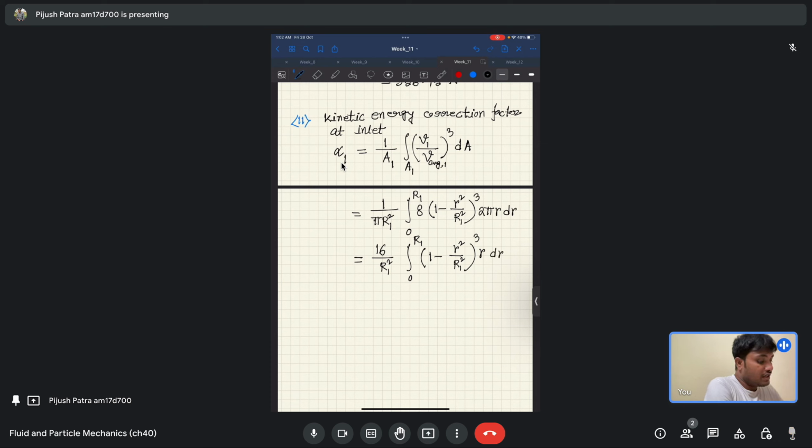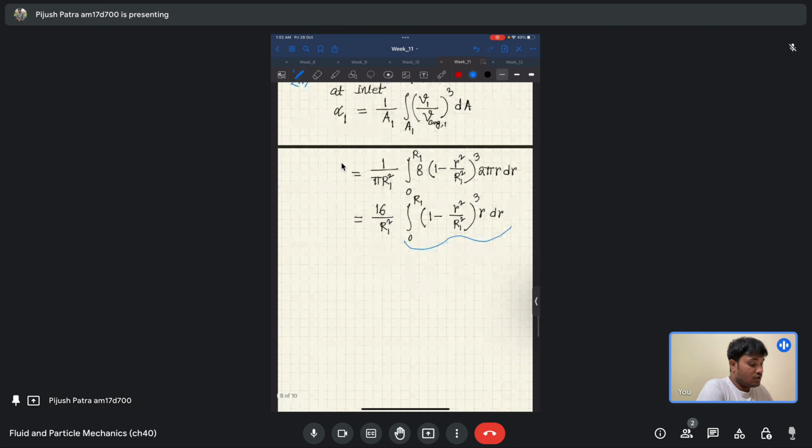Now this integral here has the value r1 square by 8.